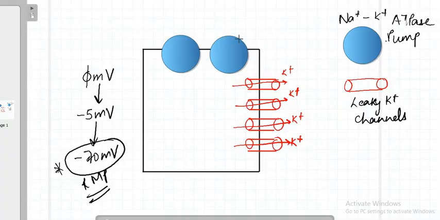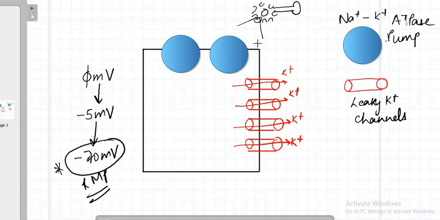Here is the cell membrane of the neuron. We are zooming in on this part when the neuron is at rest.